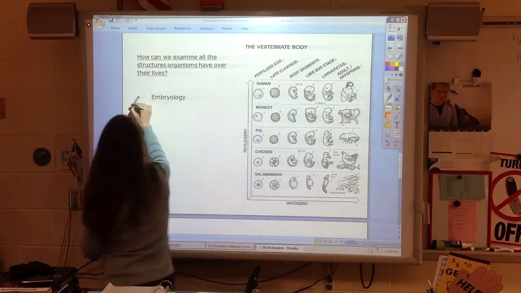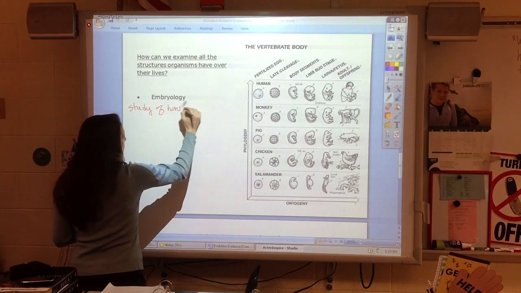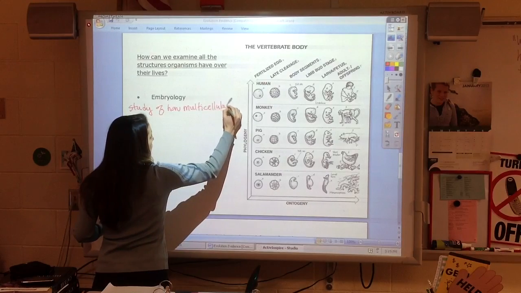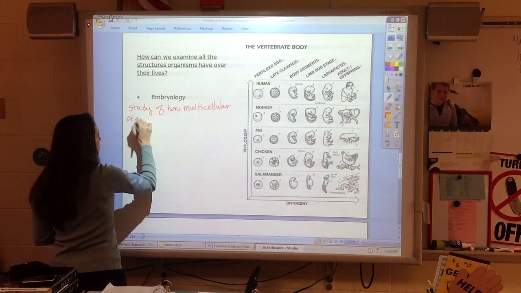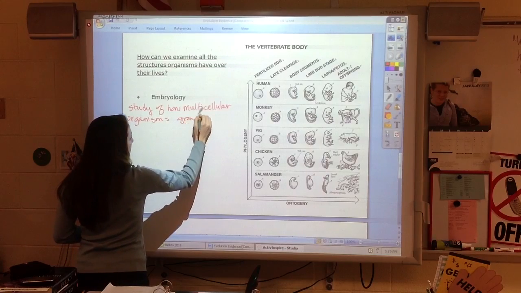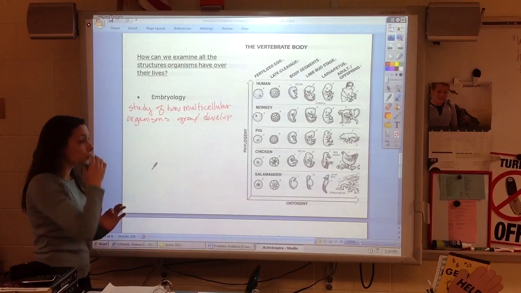Embryology is the study of how multicellular organisms grow and develop. And we actually really do need to split this up into two parts.